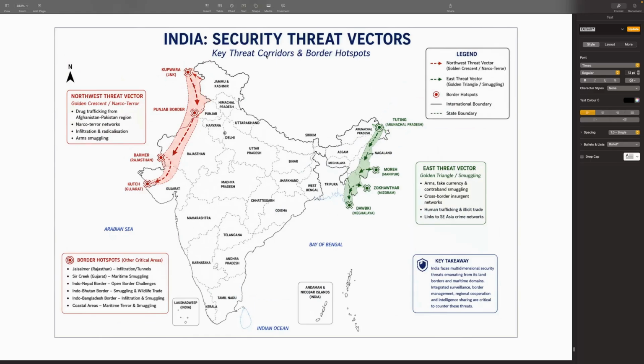Security threat vectors, key threat corridors and border hotspots. This is the east threat and the Golden Triangle. This is the west, the Golden Crescent. And these are the hotspots: Kutch, Barmer, Punjab border, Kupwara, and here Tuting, Moreh, all this.